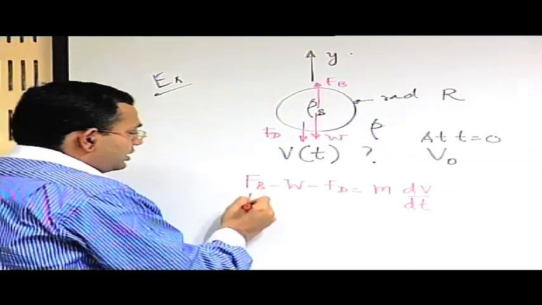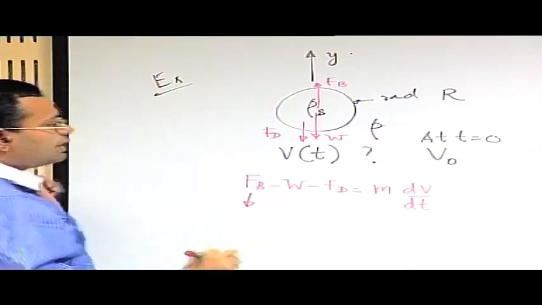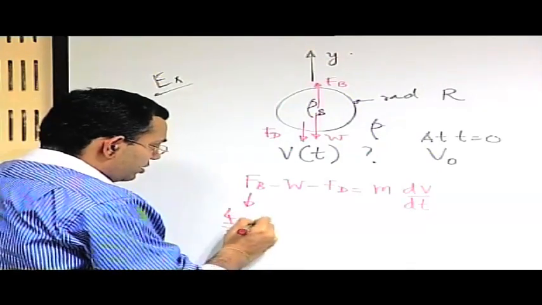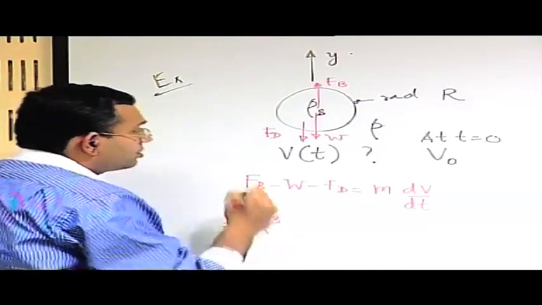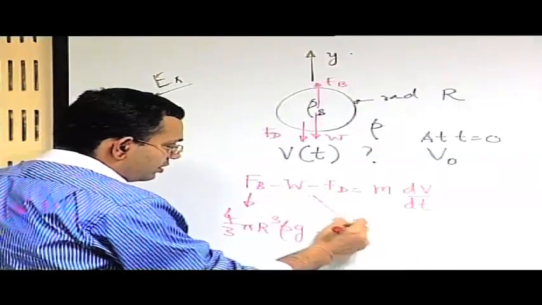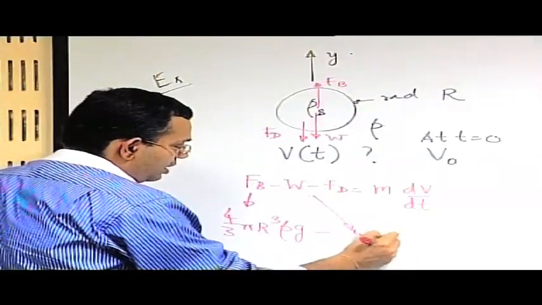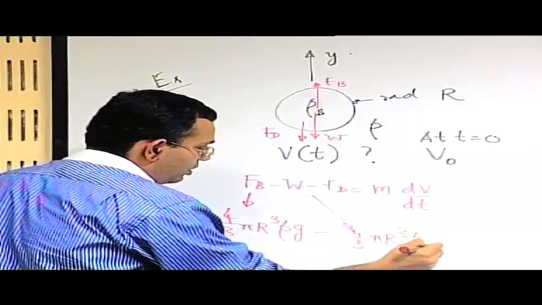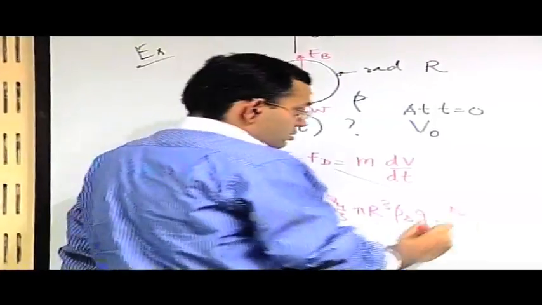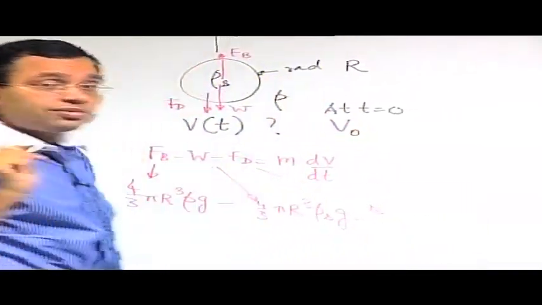Of these things, the buoyancy you can very easily write. What is the buoyancy? 4 by 3 pi r cube into rho into g minus 4 by 3 pi r cube rho of the sphere into g. Drag force, it depends on the relative velocity, that is what is important.